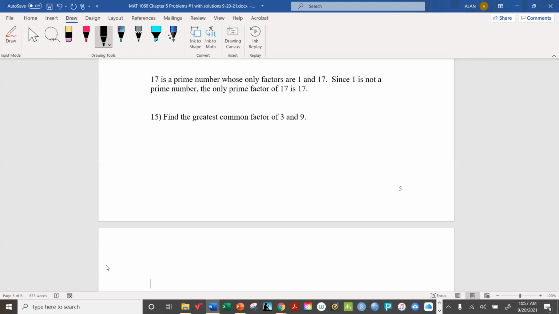We break it up into factors. We have the binary trees. Now, this one can be broken up into 1 and 3, but remember what we're looking for. So for 3, there's only one prime factor, which is 3. Over here, the prime factors are 3 and 3.